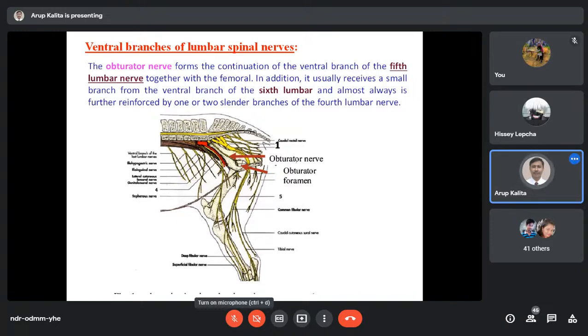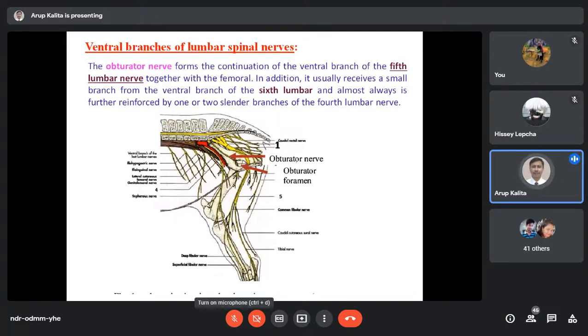Okay, very good. So this is all about my class today. Next week, we have to start the organs. In the abdomen, we have completed bones, joints, muscles, arteries, veins, lymphatics, and nerves.